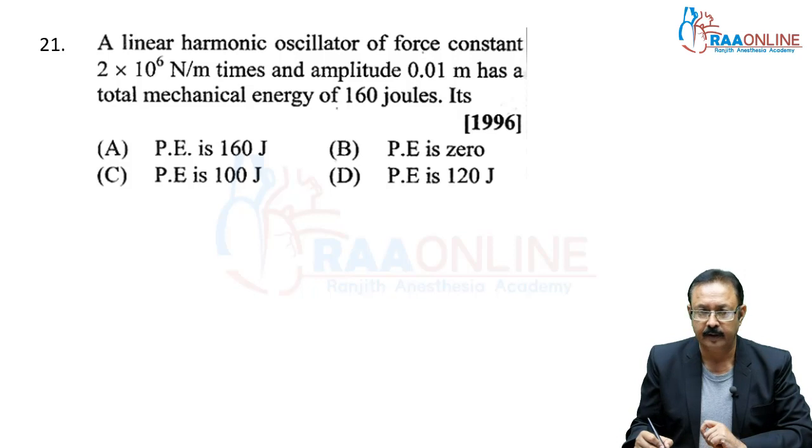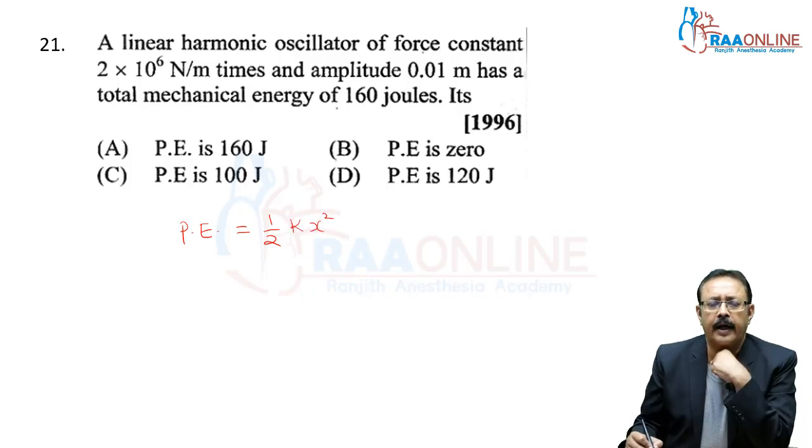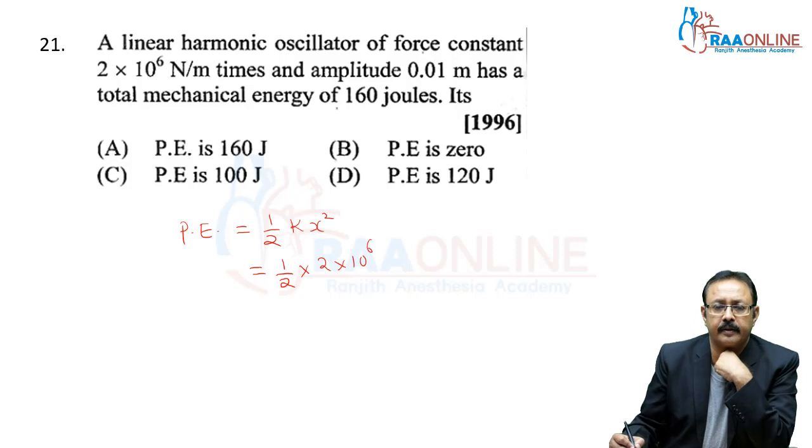We know that for a spring, potential energy is half kx square. Everything is given. What is K? 2 into 10 to the power 6 Newton per meter.